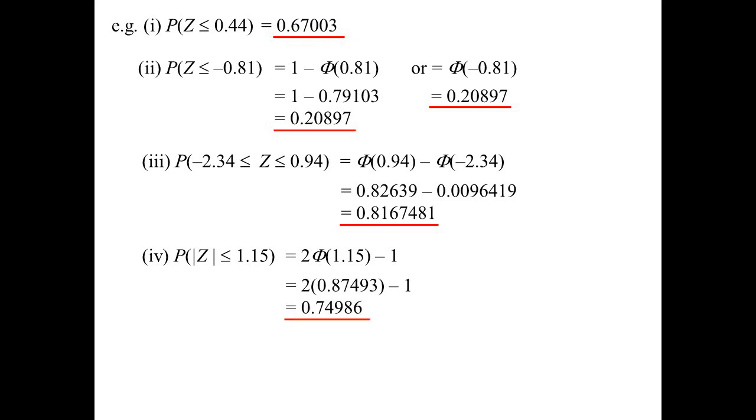The other way you could do it would be to work out what the minus 1.15 is, subtract that twice from 1, because all of them are going to equal 1. So if I chop off that tail and chop off that tail, I should get in between. Or the third way is you could just find 1.15 and then subtract the negative 1.15. That would get the in between the two values.